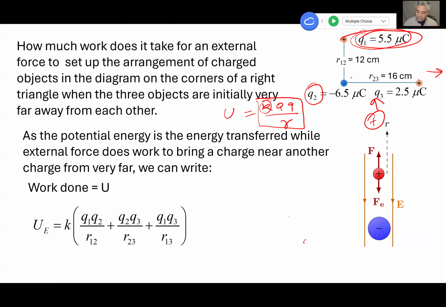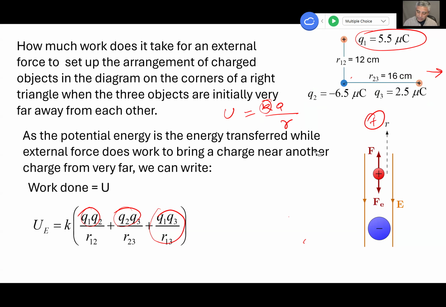This has a positive sign, this has a positive sign, but Q2 has a negative sign, which means this term is going to be negative and this one is going to be negative. But Q1 and Q3, see Q3 here, Q1 here, both of them are positive. So this term is going to be positive.